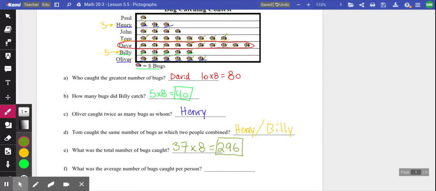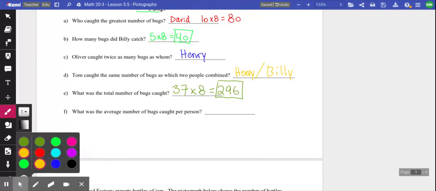F, what was the average number of bugs caught per person? Anytime you're looking for the average, it is equal to your total amount divided by the number of things, or number of people in this case.